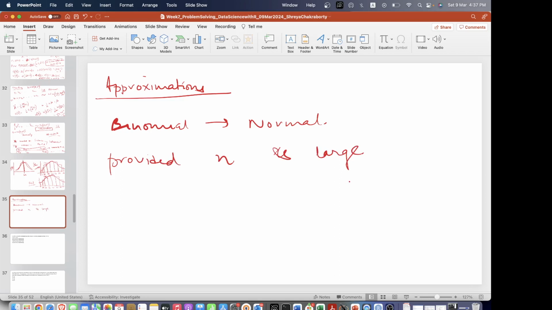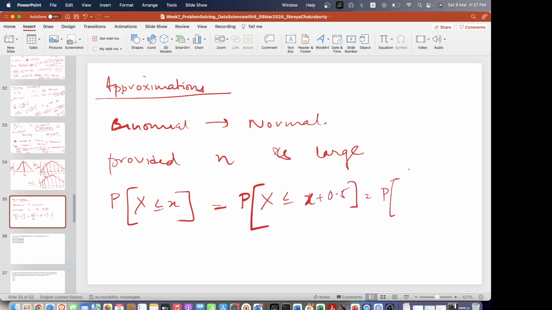In such cases, let's say if we have probability X less than or equal to x, since we are approximating a binomial distribution with a curve, we have to apply a continuity correction. So we have to write here less than or equal to x plus 0.5, and that would be probability Z less than or equal to, now Z would be how much?